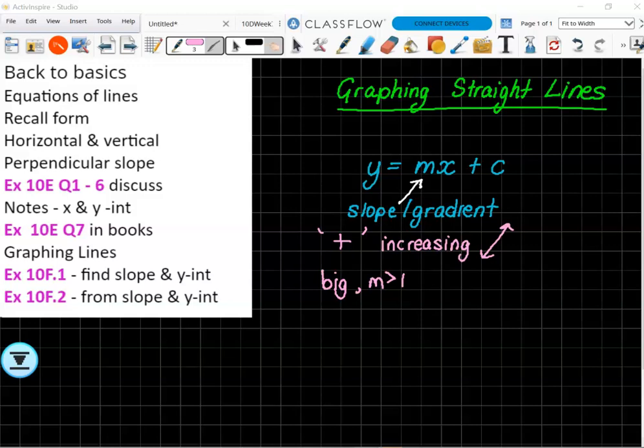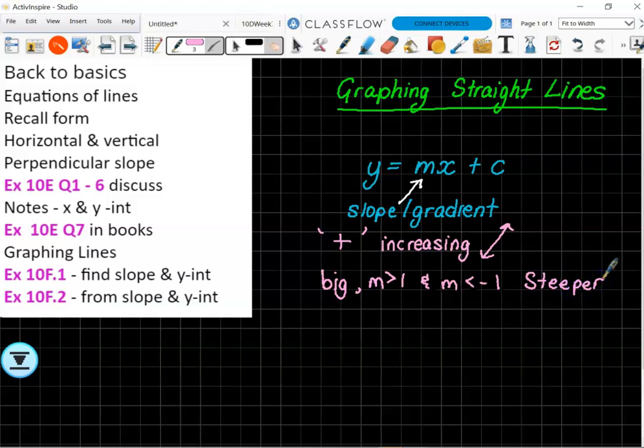It's increasing. So if this was like 1, what would happen if it was 2? It becomes steeper, that's right. So when it's greater than 1, and when it is more negative as well, it becomes steeper.